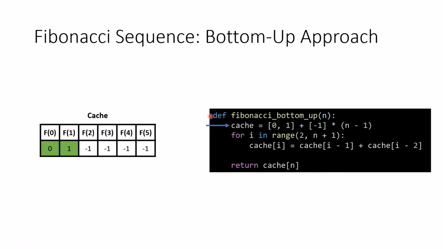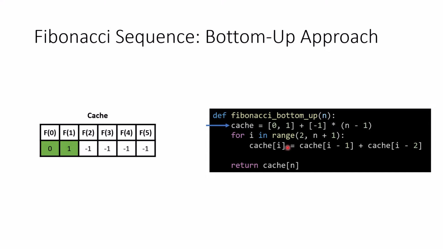So the code for the bottom-up approach is the simplest version of the Fibonacci algorithm. Basically, we start our cache just like how I did in memoization. But now we're just going to iterate, like a simple for loop, and set each element of our cache to the sum of the last two elements of the cache.